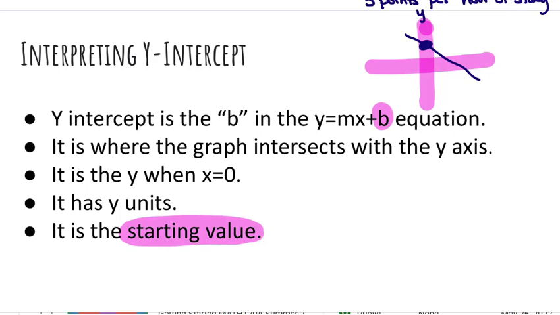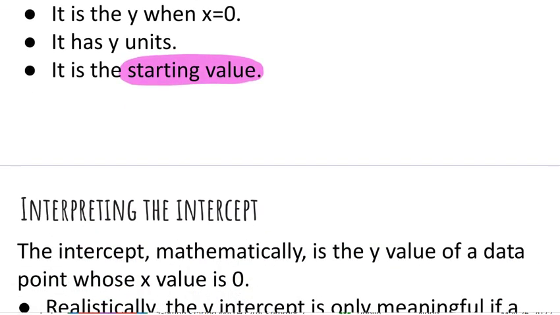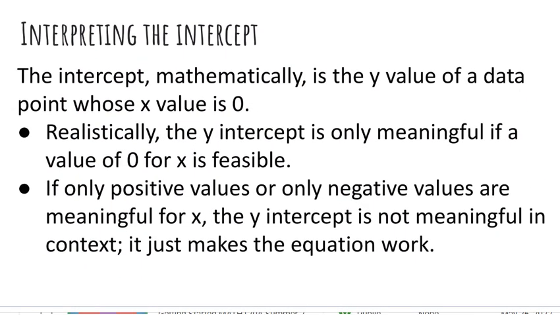And whatever the y-intercept is, because it is a y value, specifically where the x is 0, it will have y units. So when we interpret it mathematically, again, it's the point where the x value is 0, but you have to figure out realistically if that's going to be meaningful or not. Because sometimes having a value of 0 for x isn't going to make sense depending on what your values represent.